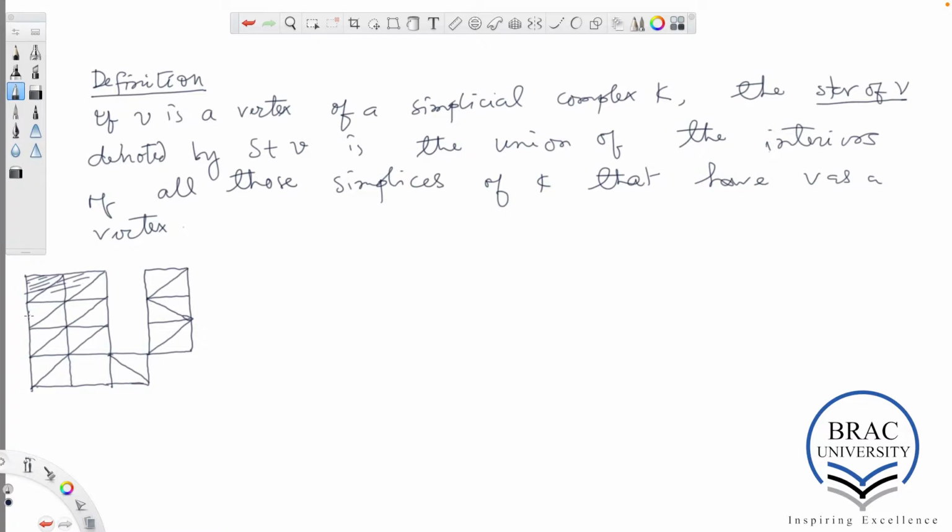So these are all two simplices. This is another two-dimensional subcomplex.